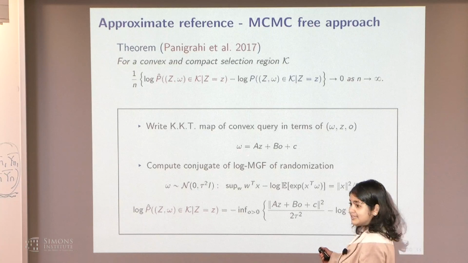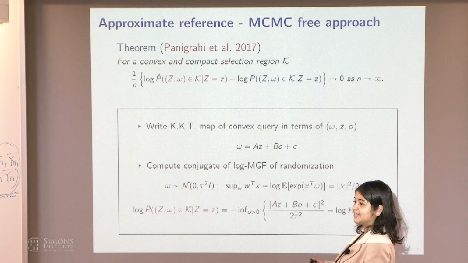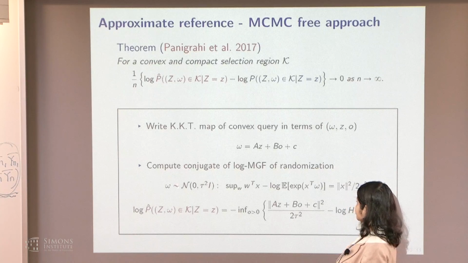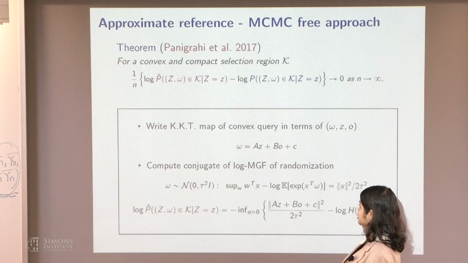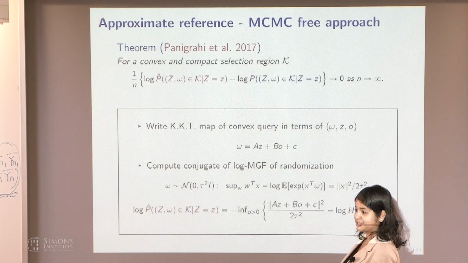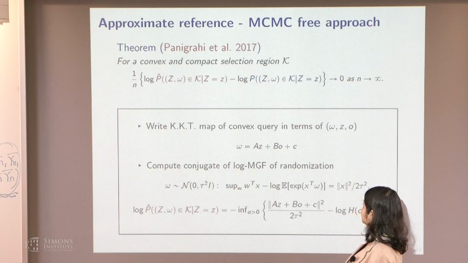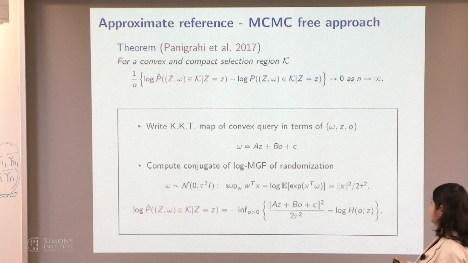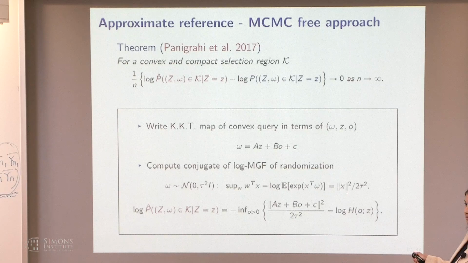So I can compute the KKT map, and the second component that I need to know to compute this approximation is the conjugate of the log MGF of the randomization that I use. So in this case, I use a Gaussian randomization. So the conjugate of the log MGF of Gaussian randomization is pretty simple. It's just this quantity.